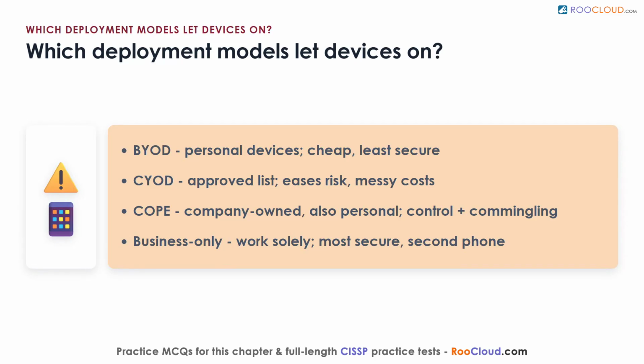Corporate-owned, personally enabled has the company buy devices that workers also use personally, giving you control while still commingling data. And the corporate-owned, business-only strategy keeps devices strictly for work, which is the most secure and cleanly separates work from personal life at the cost of carrying a second phone. Think of it as a spectrum from a free-for-all to a lockdown company car.